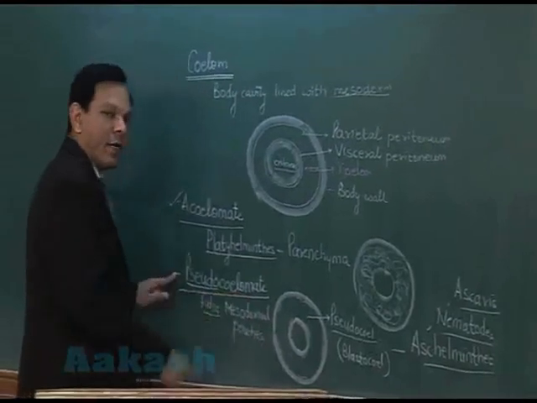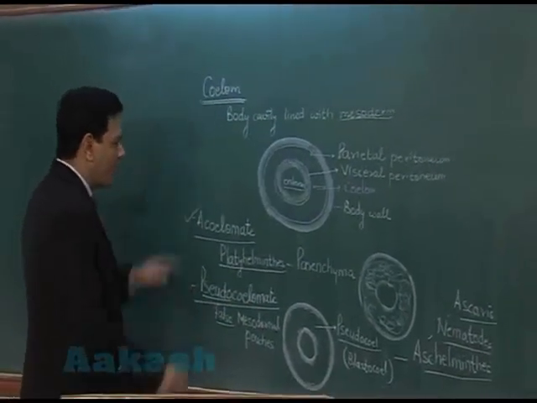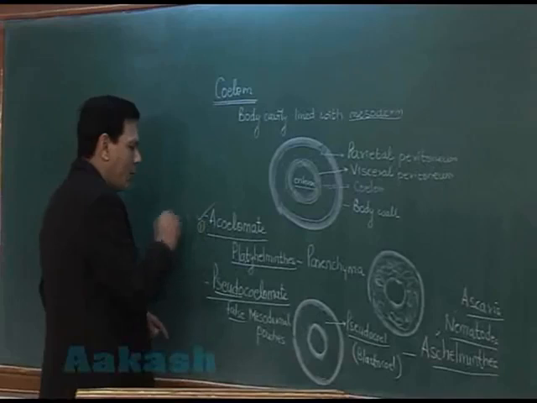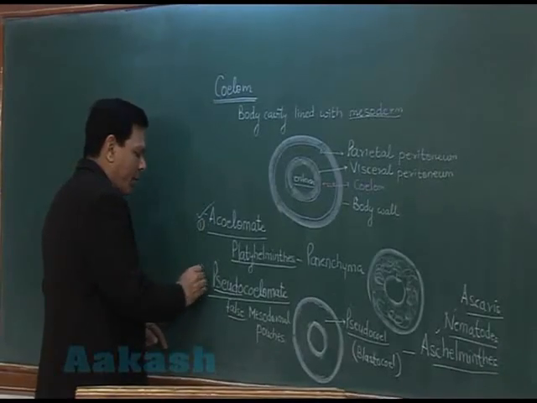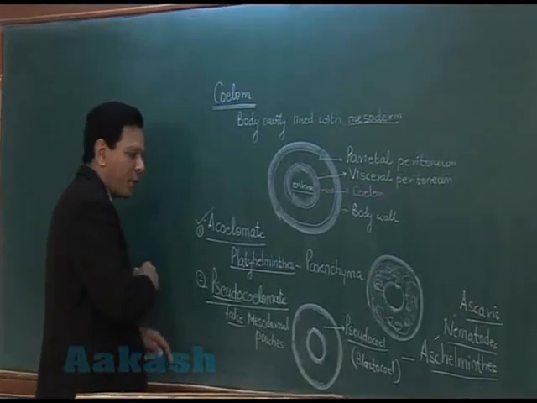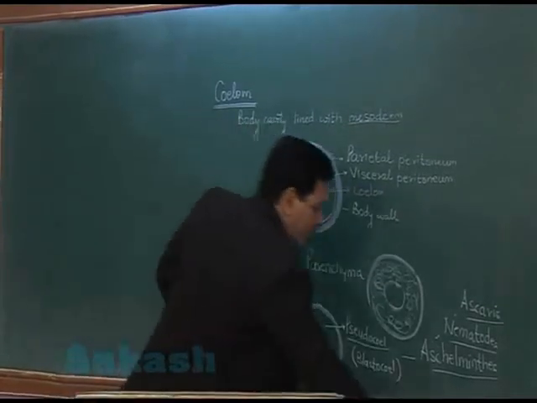So they will be under the category pseudocoelomate. So on the basis of coelom, the first category we have made is acoelomate, the second category is pseudocoelomate. Now the third category.